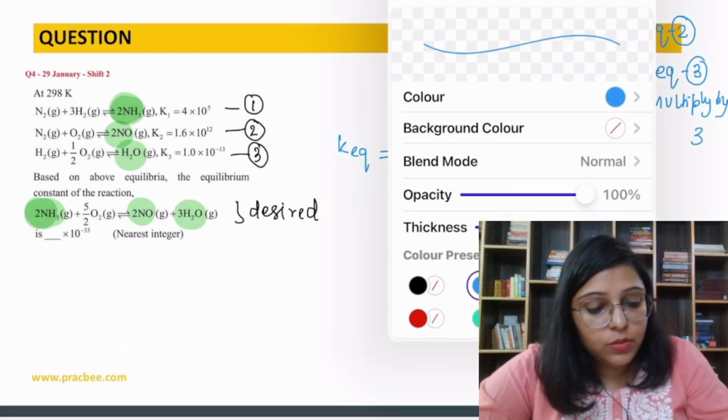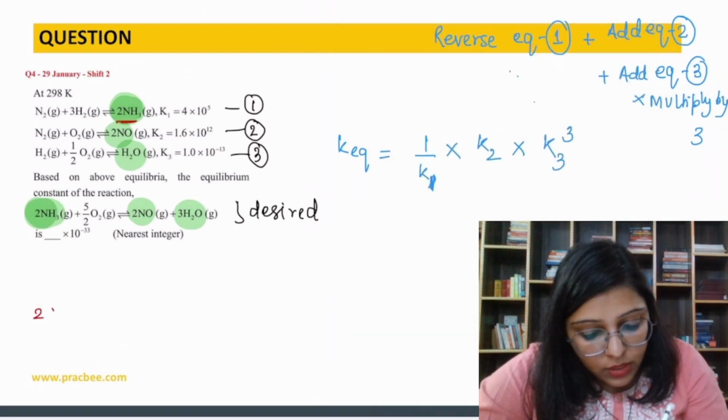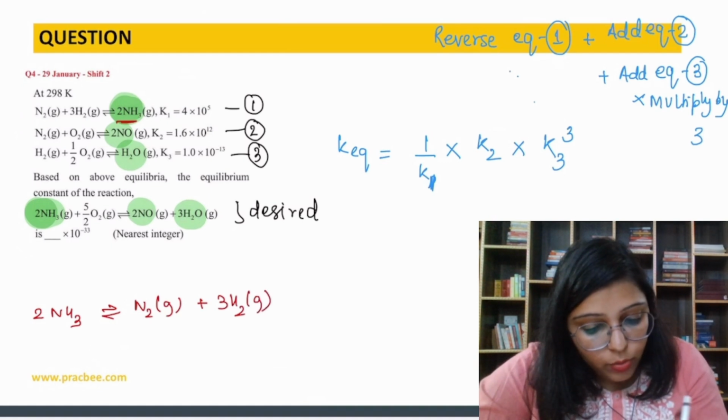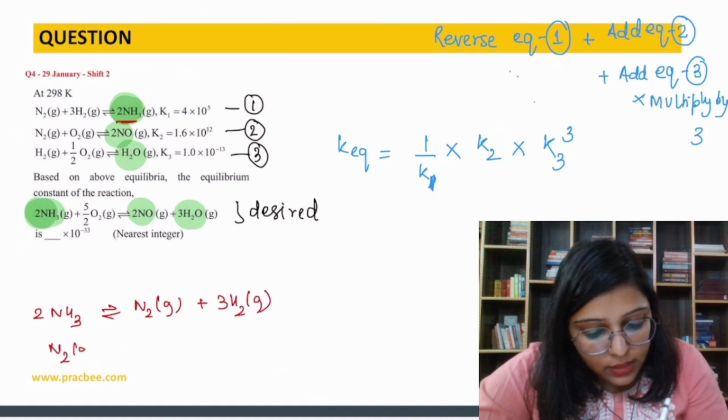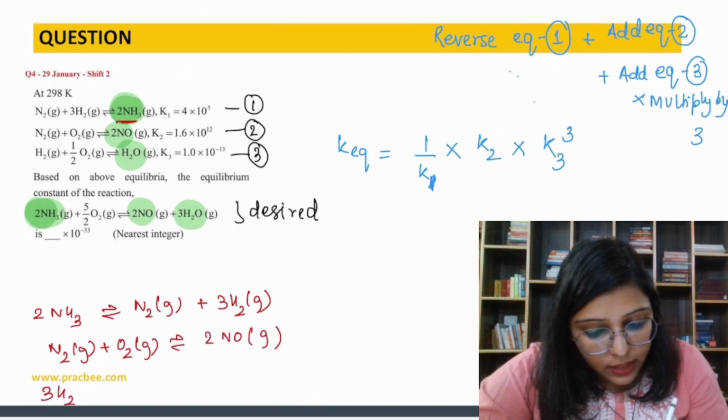Let's prove it. 2NH3 है, so reverse. On reversing we get 2NH3 gives N2 gas plus 3H2 gas. Second equation as it is: N2 gas plus O2 gas is in equilibrium with 2NO gas. Third equation as it is, but we have to multiply by 3. Multiply the equation with 3.